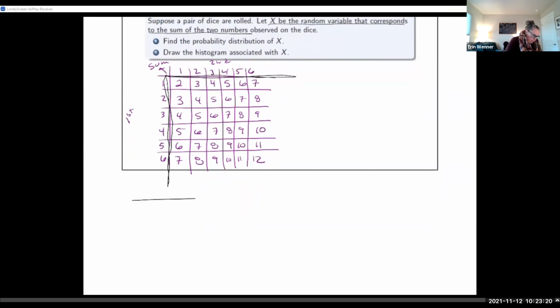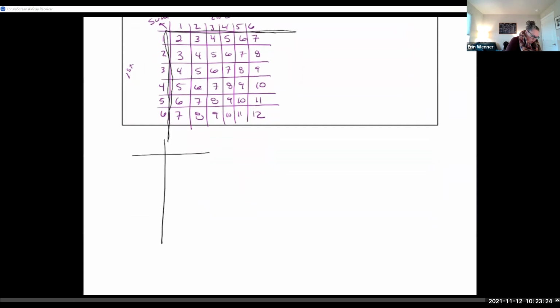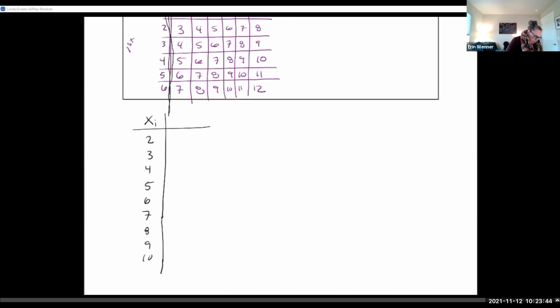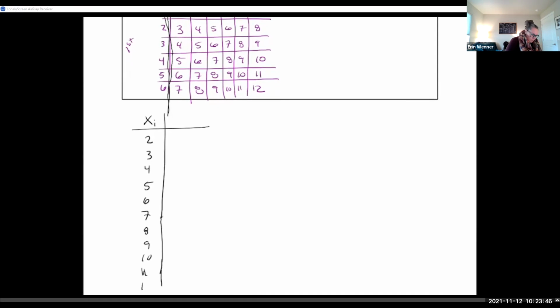So if we create a table, we're going to call the first column X sub i. The reason why it's called X sub i is because there's different outcomes at each of these places. And so our first possible sum is a 2, then a 3, 4, 5, 6, 7, 8, 9, 10, 11, and 12.